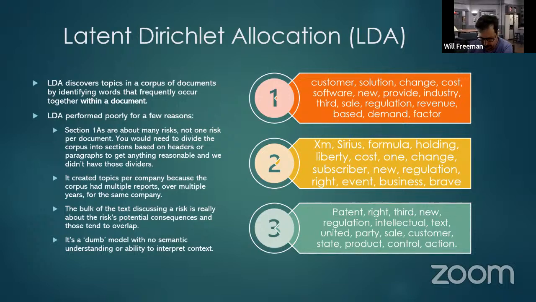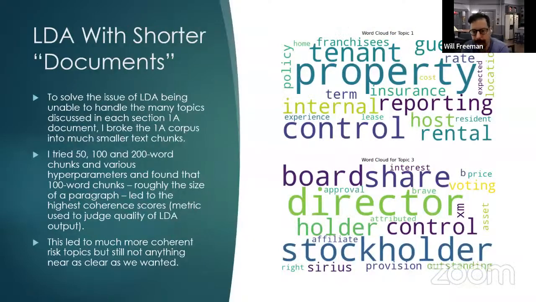So that's an example of what happened when I just did the whole documents with LDA. There were about, I think, 400 or so in my corpus, millions of words of text. But one way to improve on this is to just chunk the documents into smaller documents. I tried various pretty small chunks of 50, 100, or 200 words. 100 words came out to be the best.